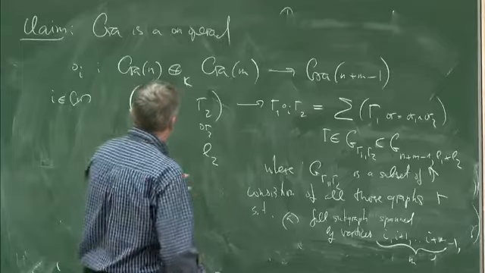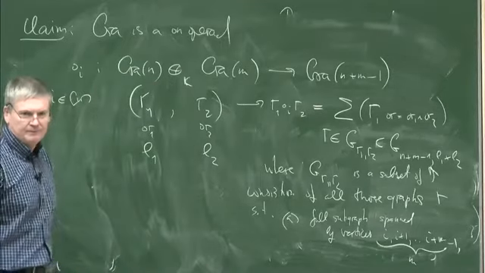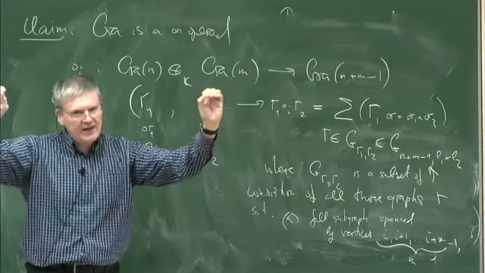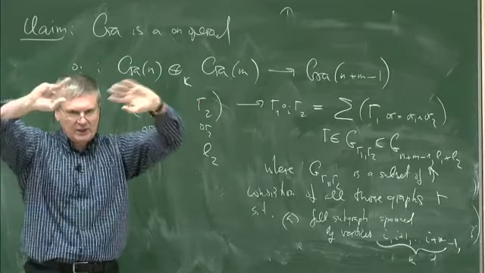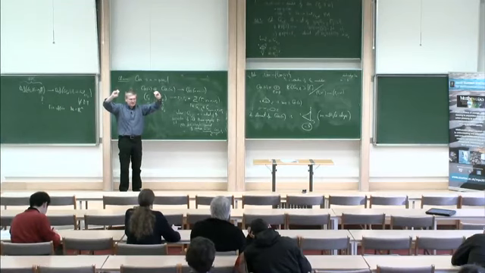Full subgraph means I take all the edges between my vertices, forget all others. So if I specify the set of vertices, I consider all edges.